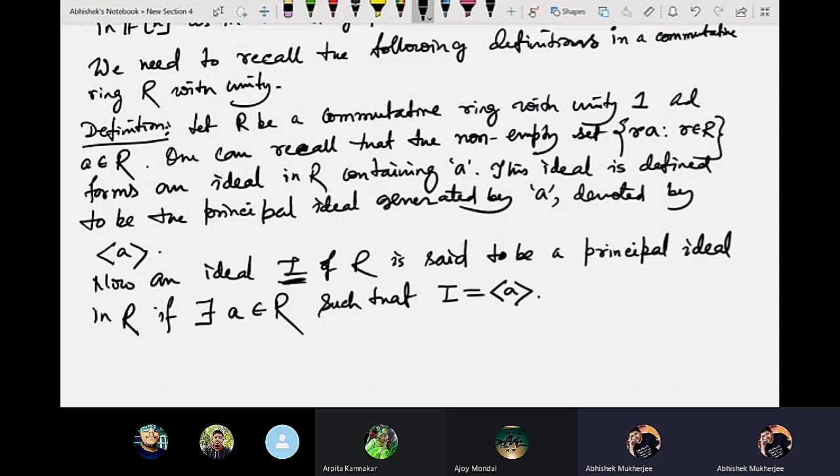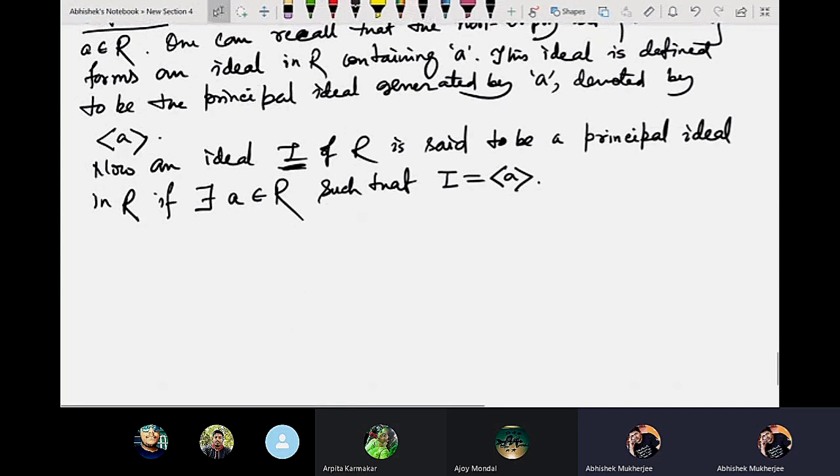That is, an ideal I is said to be a principal ideal in R if we can find an element a in the ring such that I is generated by a single element a. Then you can say that I is a principal ideal.